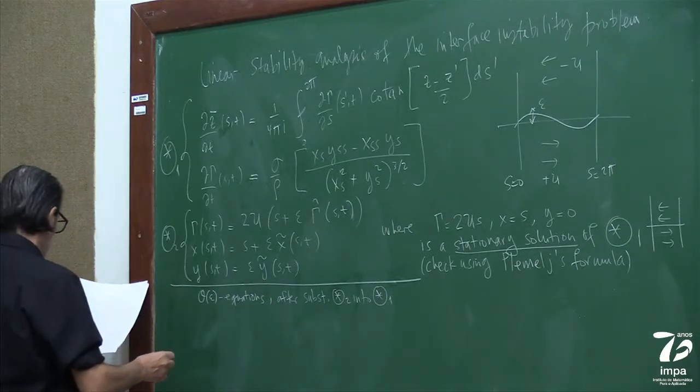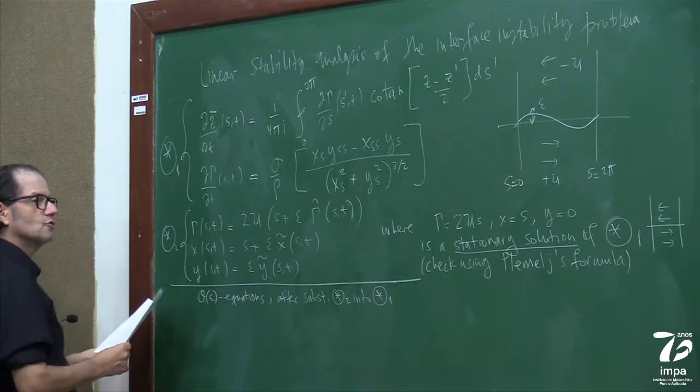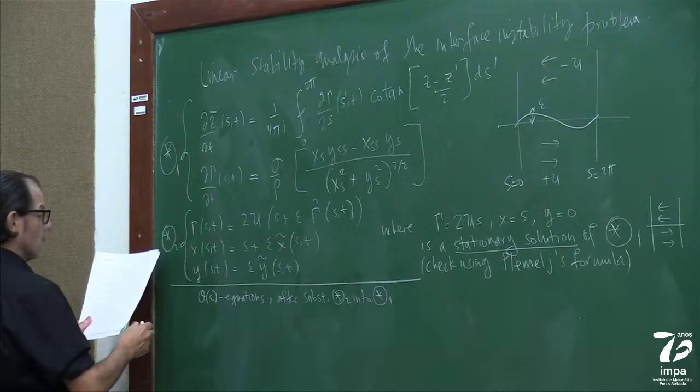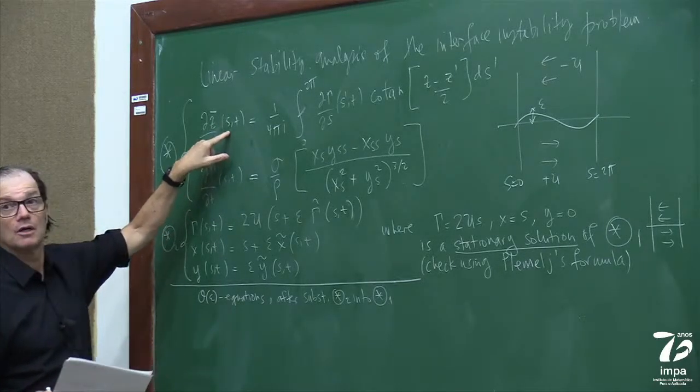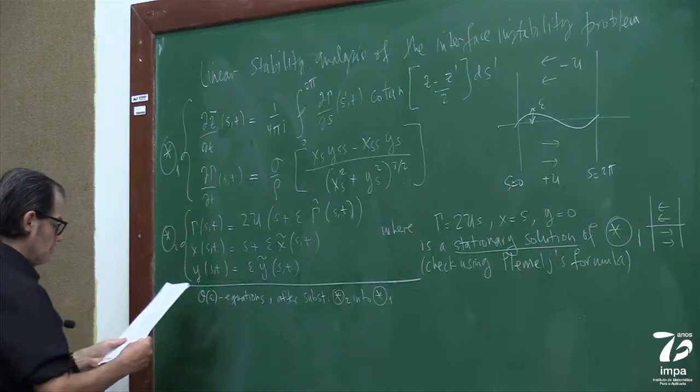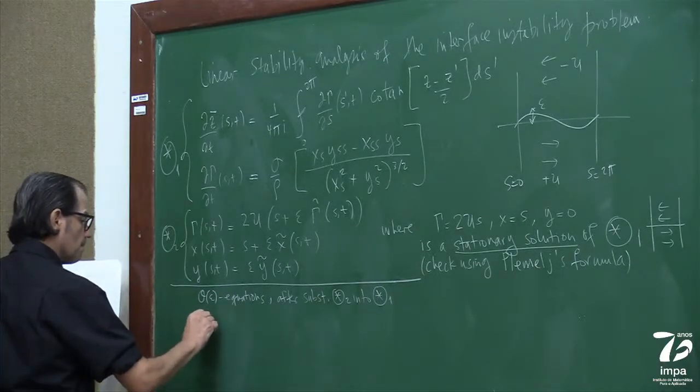So collecting all terms of order epsilon, and rewriting these equations, this one in particular, into its real and imaginary part, we get this.